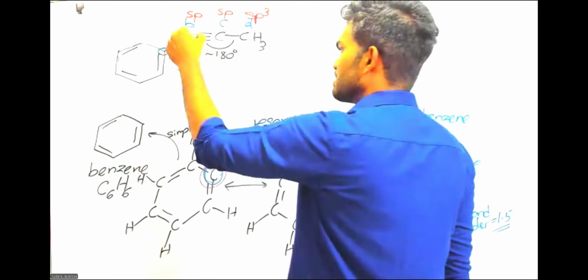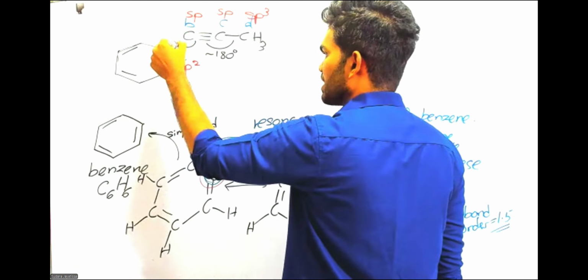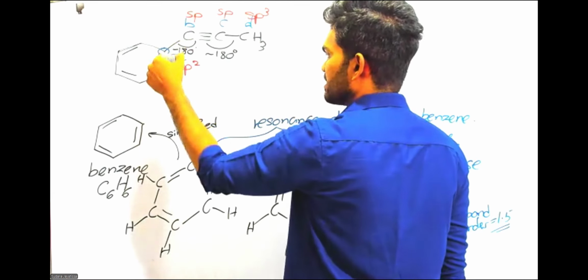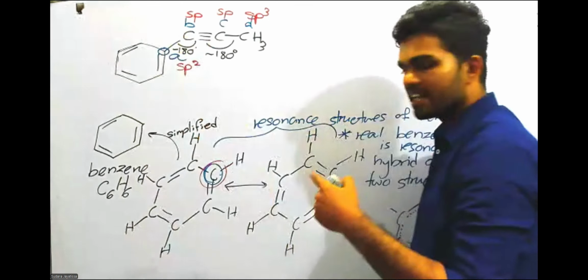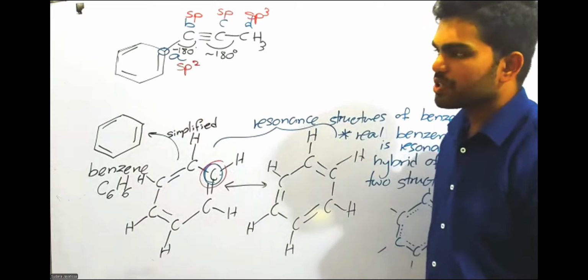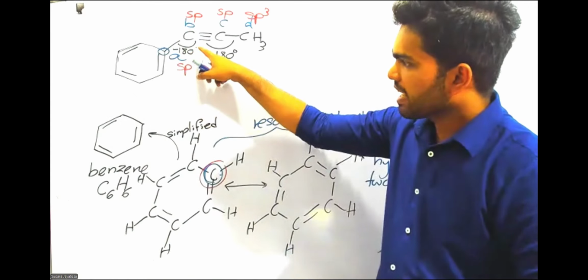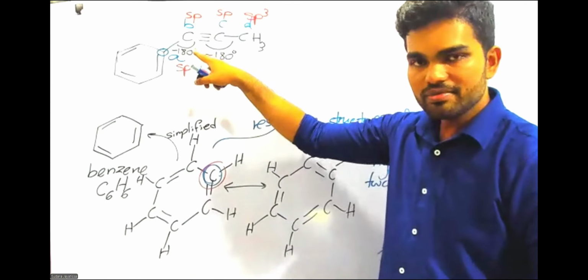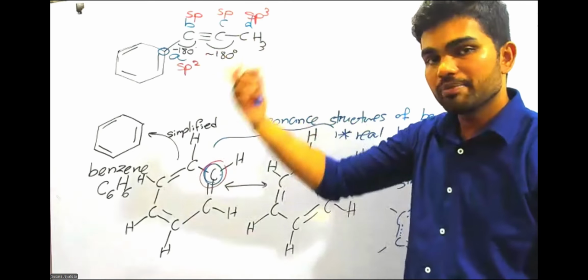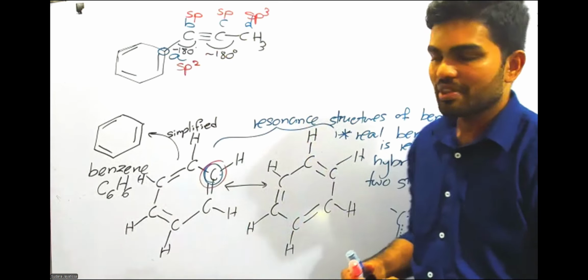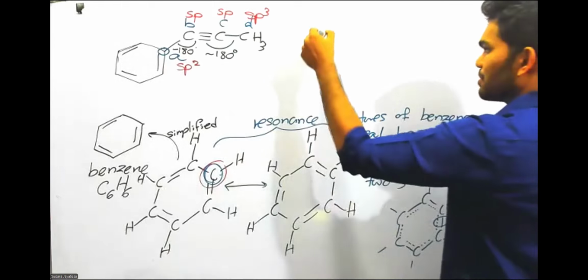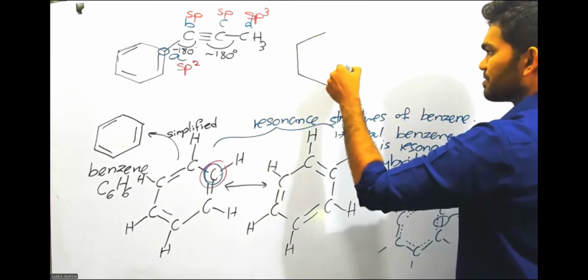So around this carbon also, the angle should be approximately 180. But in this diagram, it is not represented as 180. If you didn't understand this 180 thing, then it will be a problem when you are deciding the answers. Okay, so let's draw that one properly.